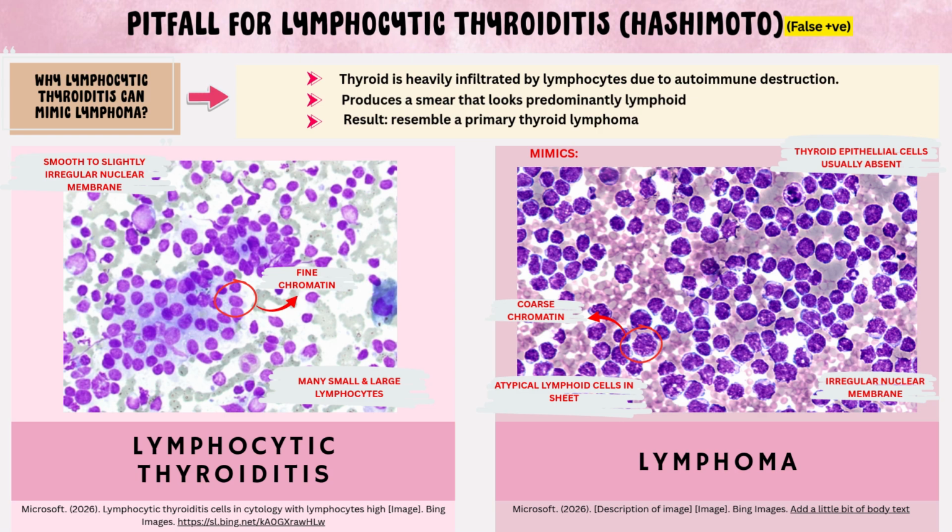On the right, in lymphoma, the smear shows a monotonous sheet of atypical lymphoid cells with coarse chromatin and more irregular nuclear membranes, and thyroid epithelial cells are usually absent. Therefore, the key pitfall is that a reactive lymphoid infiltrate in lymphocytic thyroiditis can simulate lymphoma, and careful assessment of cell population and nuclear features is essential to avoid misdiagnosis.